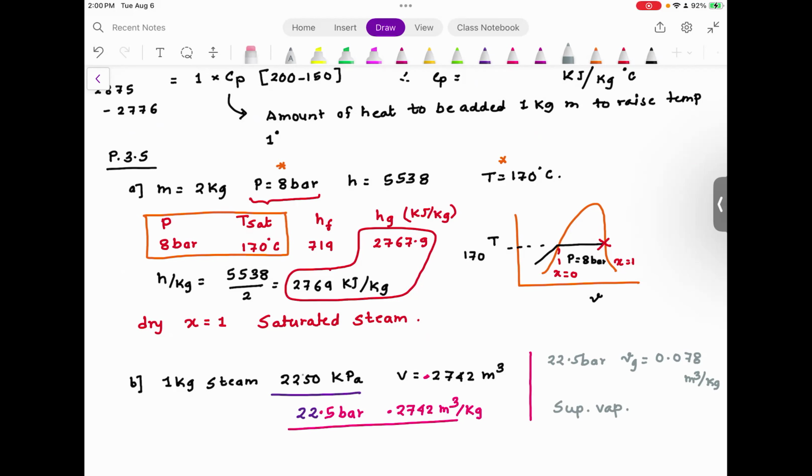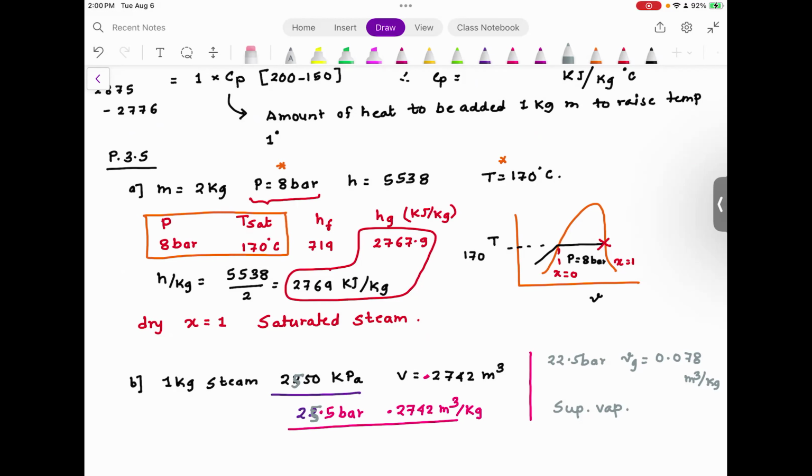2550, correct, sorry, 2550. Let me show you the easiest way to do this. Let's go by the Mollier diagram. So we are at 25 bars.